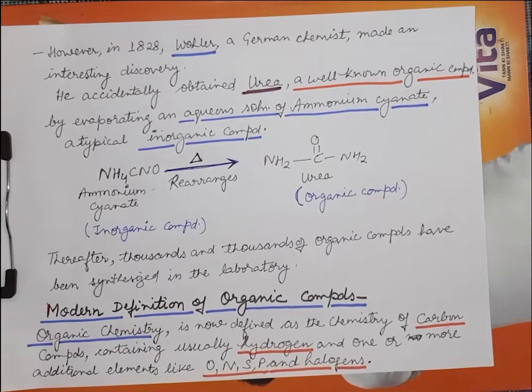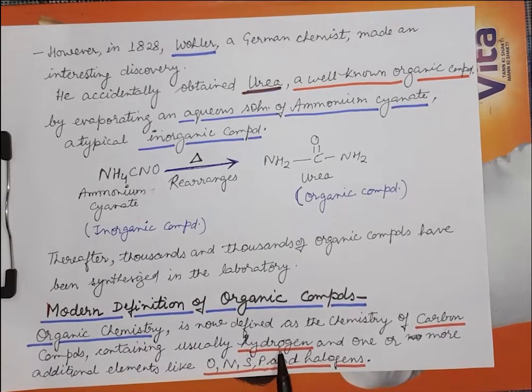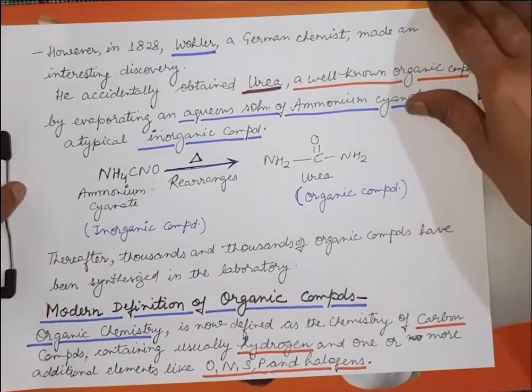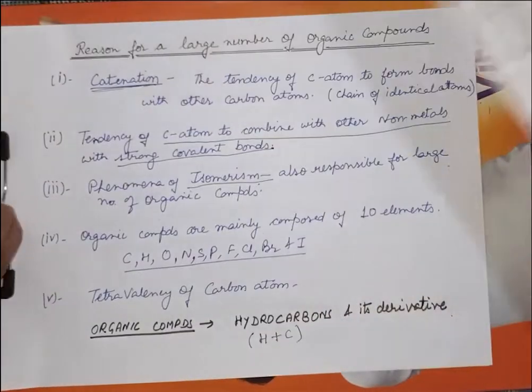According to this modern definition, these are compounds having the essential elements carbon and hydrogen, and along with them some additional elements like oxygen, nitrogen, sulfur, phosphorus, and halogens.